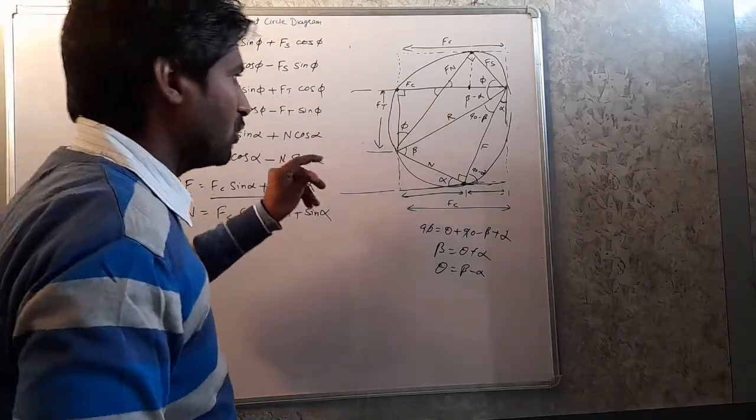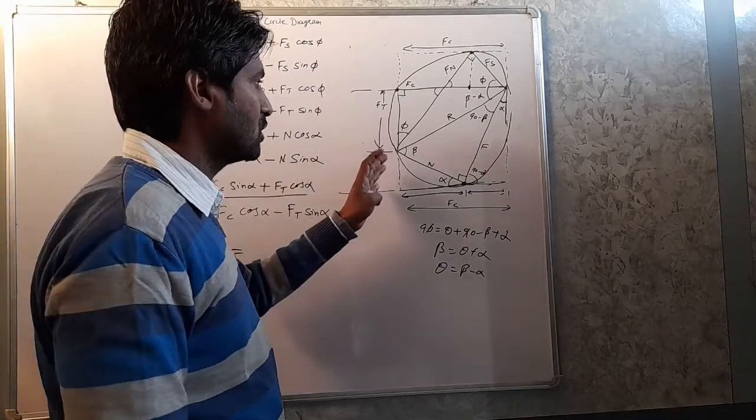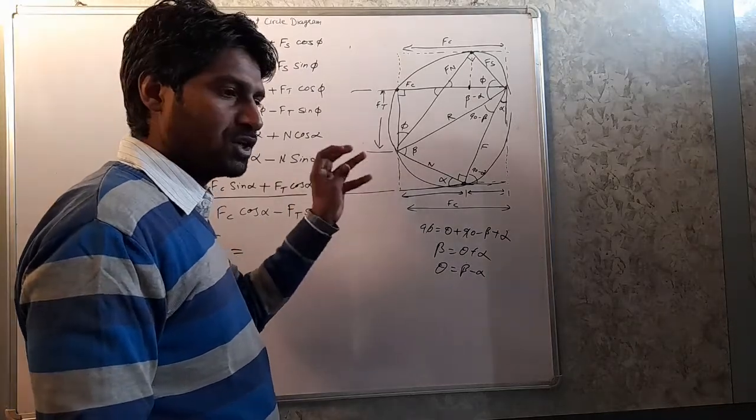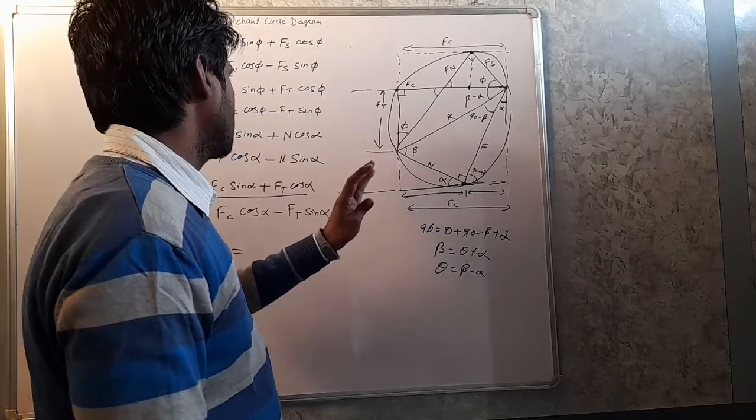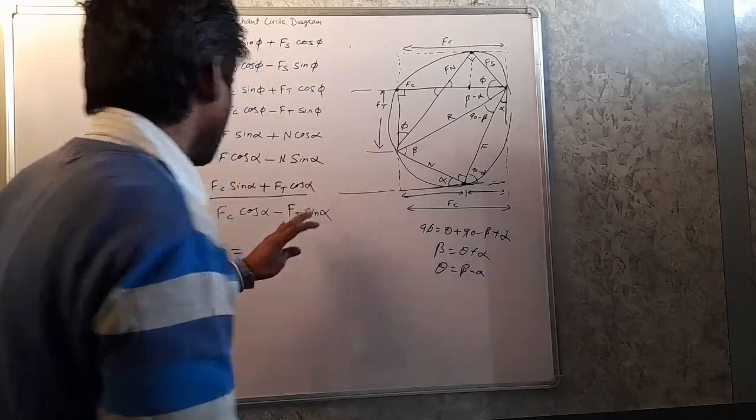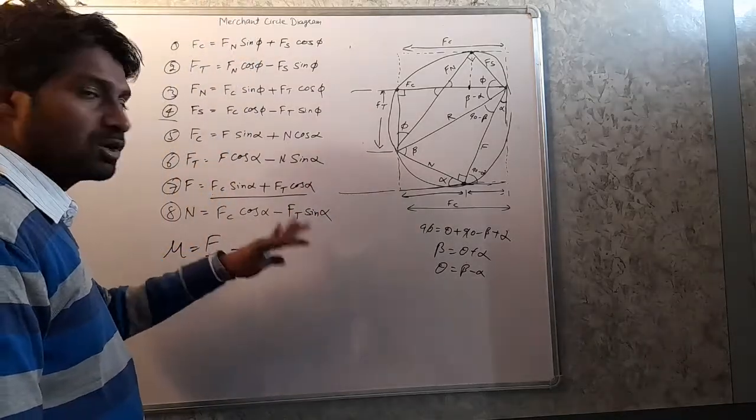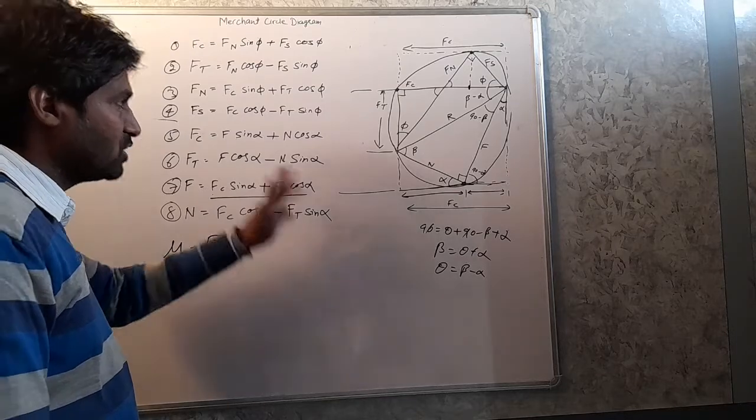If you are able to draw this circle and you have some initial values, then you don't need to draw this, calculate this, or derive these equations.